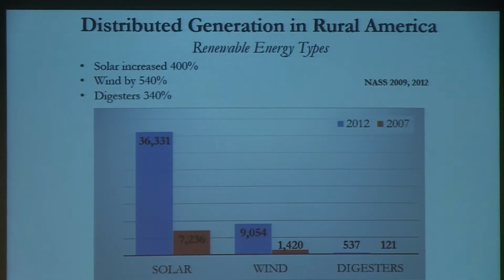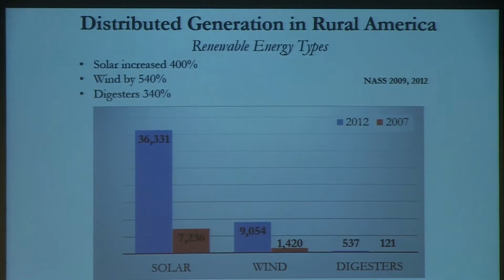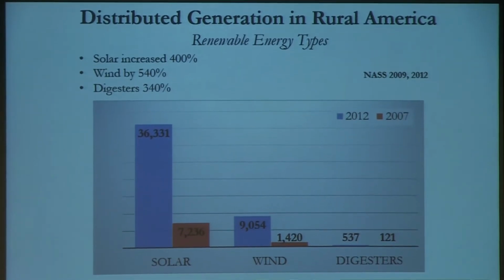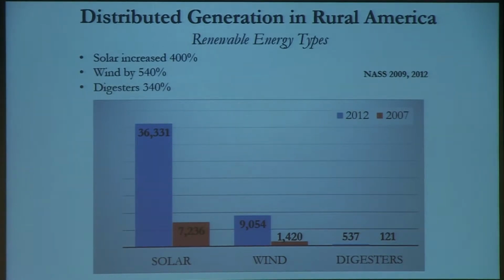When we look at the breakdown of the renewable energy types, we see that most increases show up with wind, followed by solar and then digesters. Of course, there's a lot more solar on the farm.